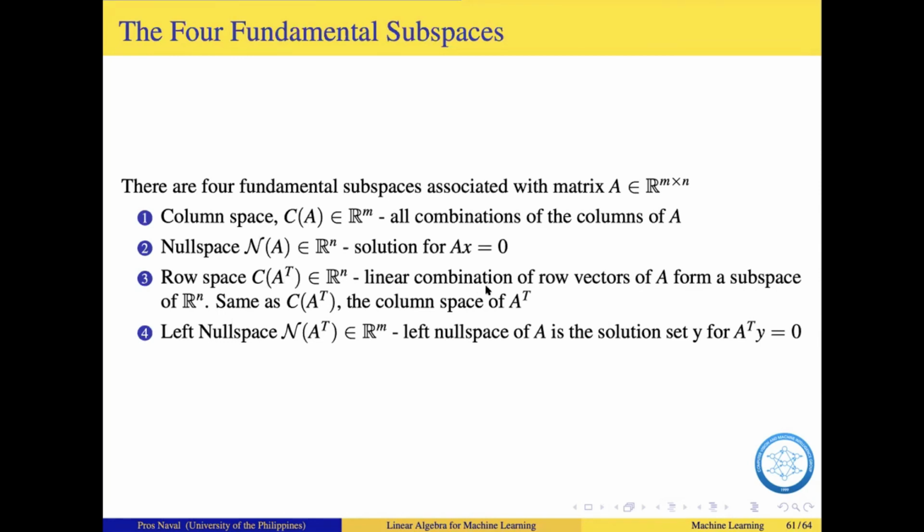That is the linear combination of the row vectors of A that form a subspace of Rn. Okay, it is the same as the column space of A transpose, as I said earlier. And finally, we have the left null space, which is the solution set Y for A transpose Y equals 0.